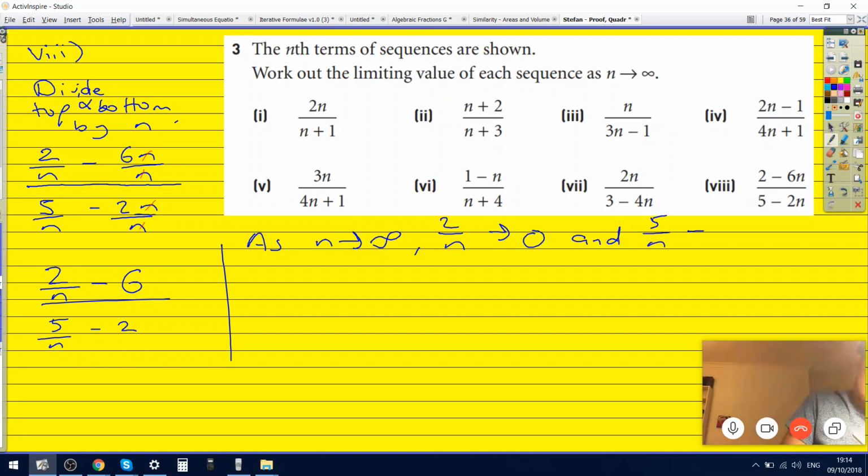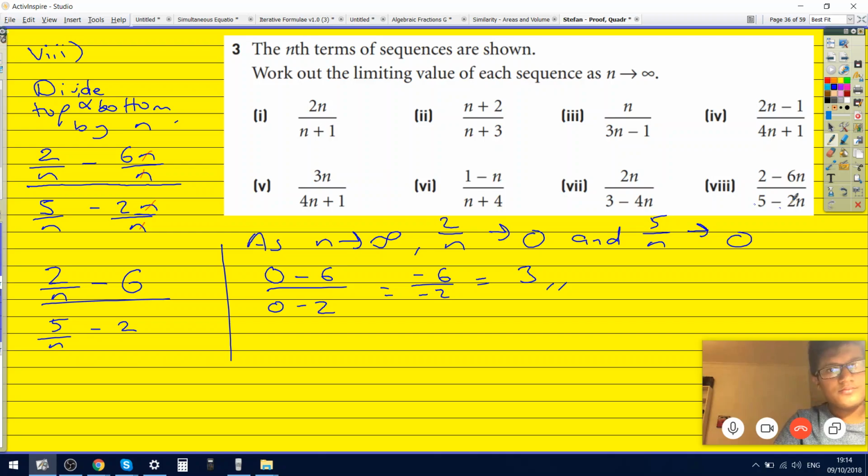So you have basically 0 minus 6 over 0 minus 2, which is minus 6 over minus 2, which is 3. That's it. Any questions there?